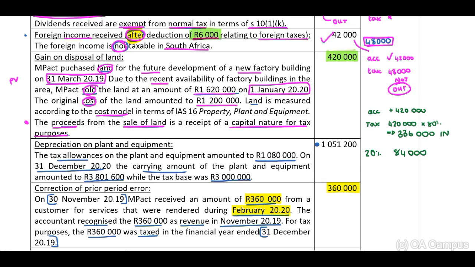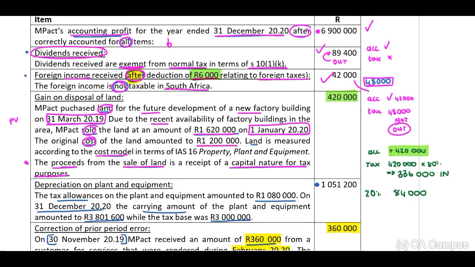Therefore, for accounting purposes, this 420,000 is already included in the 6.9 million at the top. Okay? But for tax purposes, we may only include 80% because this is of a capital nature. Therefore, for tax purposes, we may only include the 336,000. Therefore, this should be included.